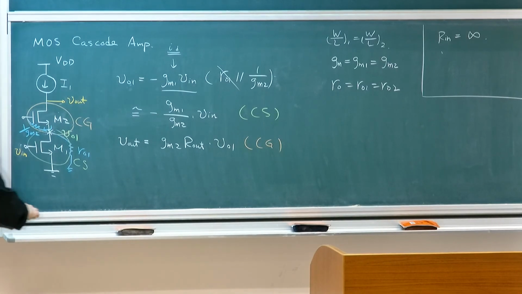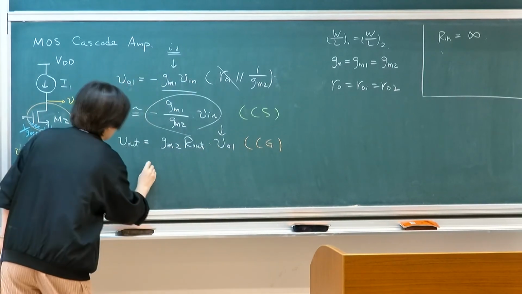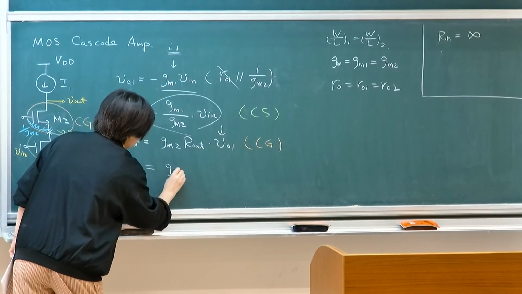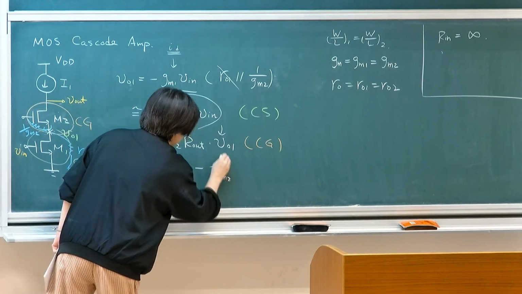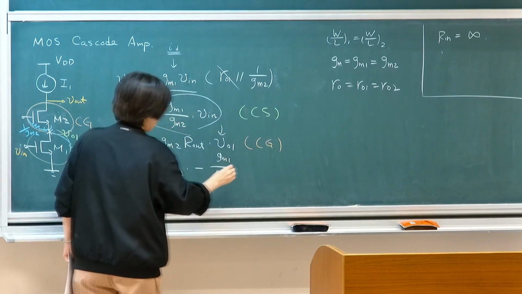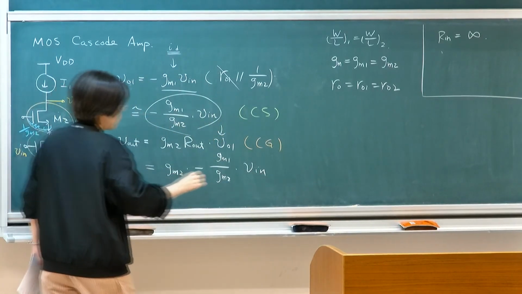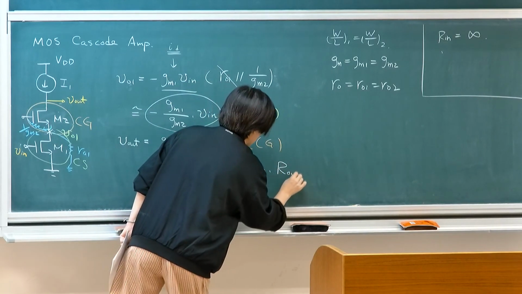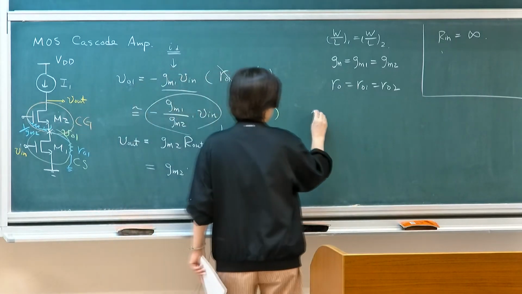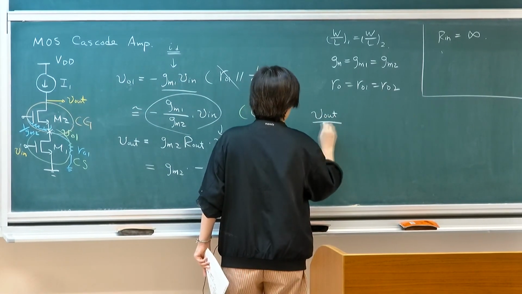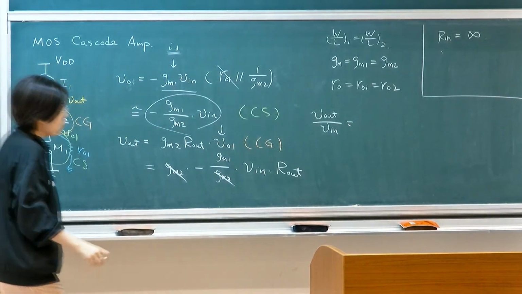So I'm just going to substitute this in here. You get GM2 times minus GM1 over GM2 Vin, right, times Rout. So the overall gain is Vout over Vin, and the GM2 cancel each other, so it's minus GM1 Rout.